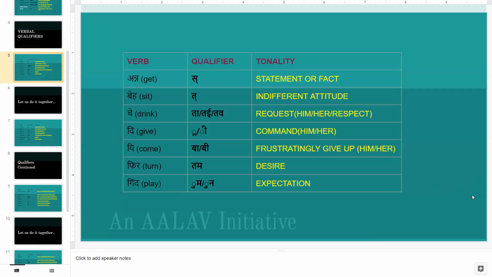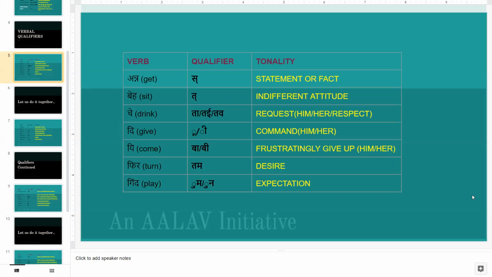Then the qualifiers will be added to that verb at the end. And then how it changes the tonality of that verb. The verb की जो खासियत है वो change हो जाती है. So उसका meaning जो है depends on that qualifier that is added to the verb. So the verb is the same, just by changing the qualifier at the end you will be changing the tonality of the verb.